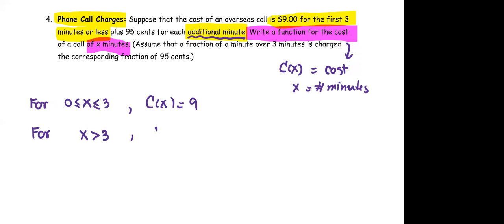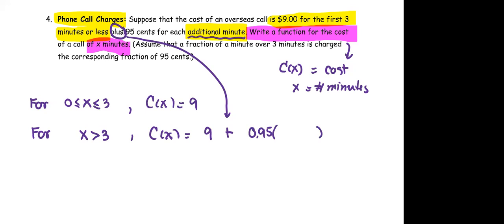The cost of the charge is going to be whatever you already used for the first 3 minutes, the $9 that you have to pay because it's already beyond 3 minutes, plus 95 cents for additional minute. Since you use 9 for $9, the number that you use for 95 cents has to be in decimal form, which is 0.95 for additional minute.